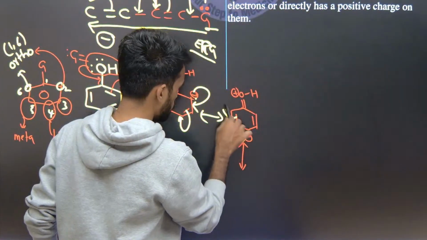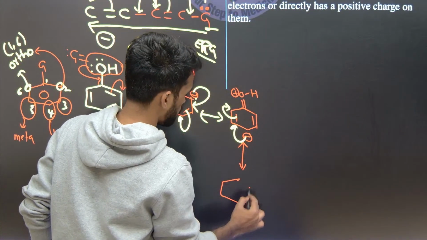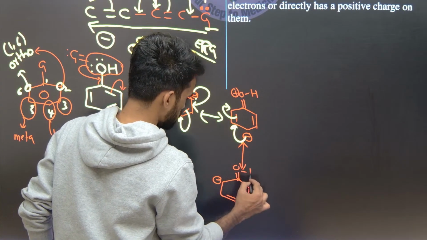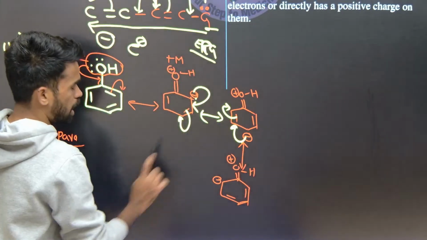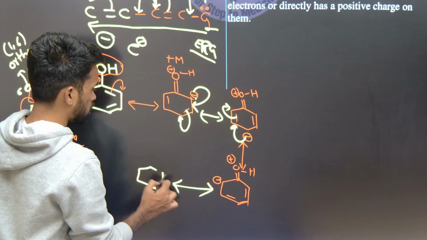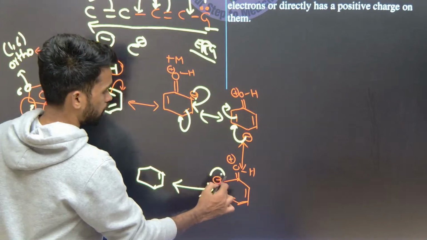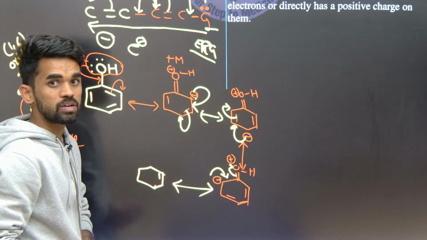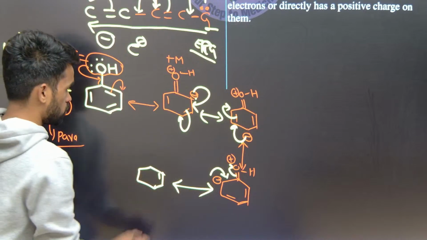So where you are seeing the negative charges: you have seen the negative charges at ortho, and one more at para. If I write one more resonating structure like this, you will again see it at ortho positions only, but not at meta. Again at ortho only we have got that negative charge. So it means electron releasing groups in mesomeric effect increase electron density at ortho and para positions of these substituted benzene compounds, on this phenyl ring.